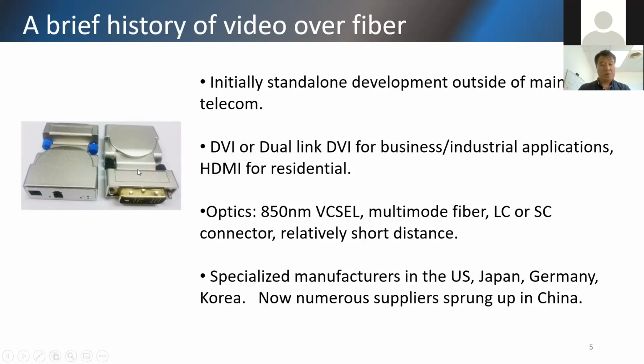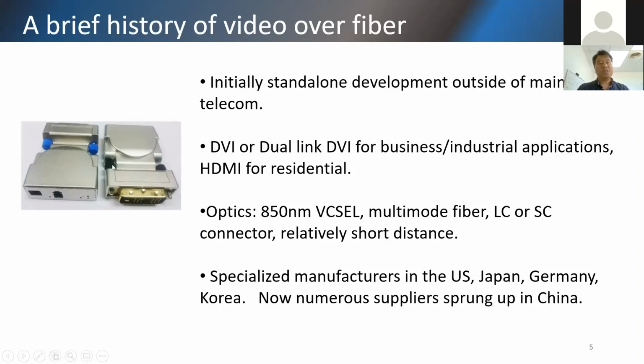This particular picture is DVI over fiber. This is your DVI connector that gets connected, and this is a single fiber, which happens to have an LC connector. This is where the fiber gets connected, and this is a potential power supply in case your display or TV doesn't have a proper power source through one of the pins.